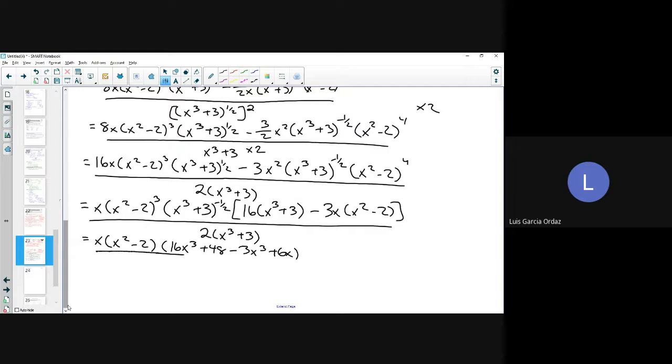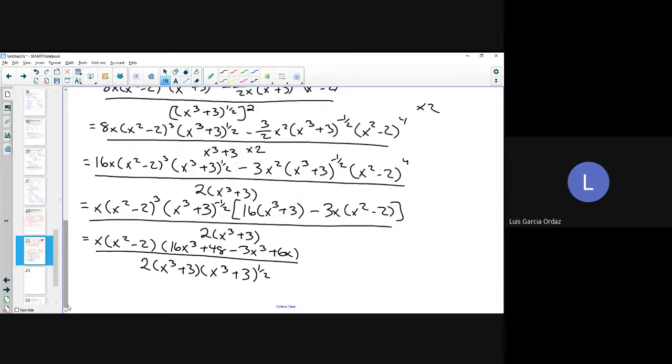Because I don't want exponents that are negative on the top, I can just bring my x3 plus 3 to the negative 1/2 to my denominator, which gives me 2 times x to the 3 plus 3 times x3 plus 3 to the power of 1 over 2.